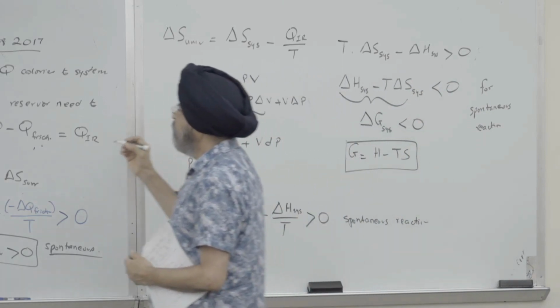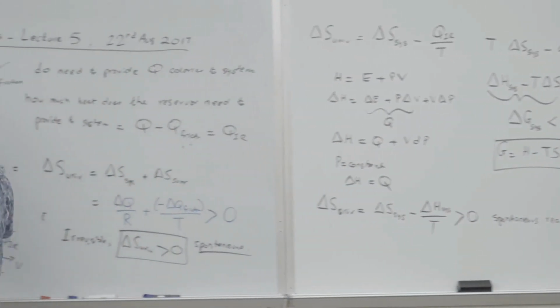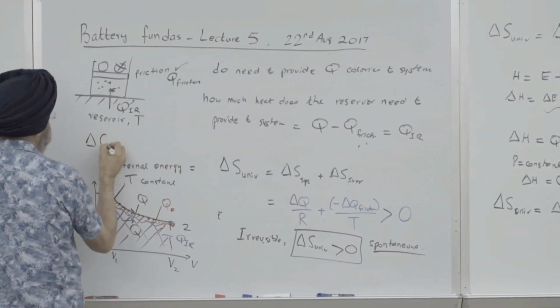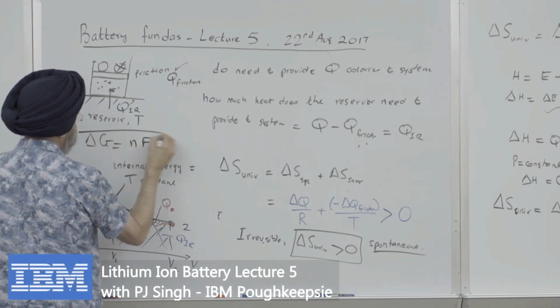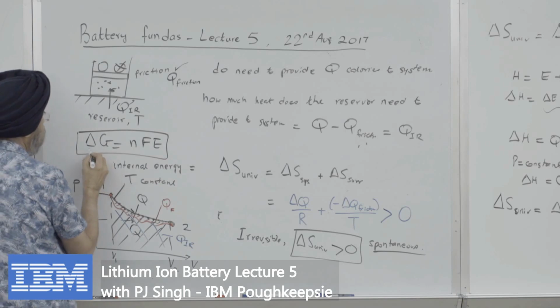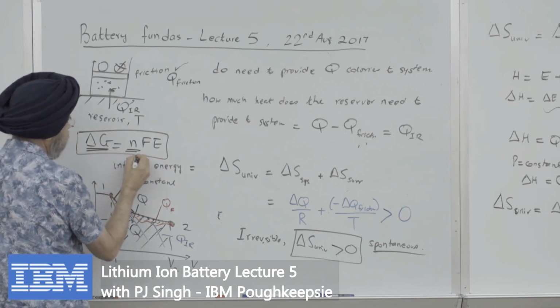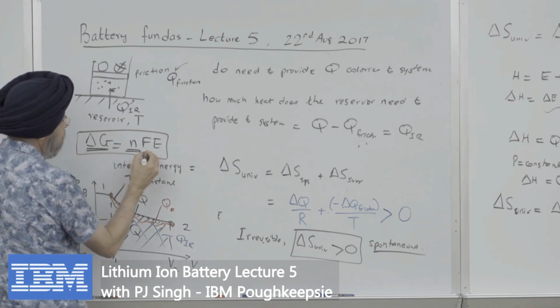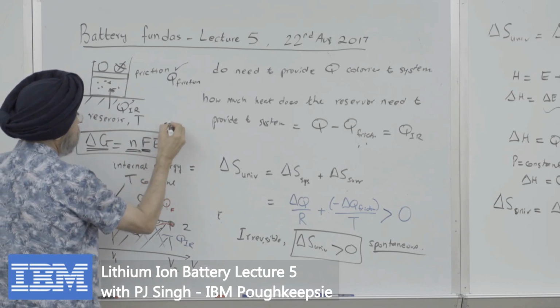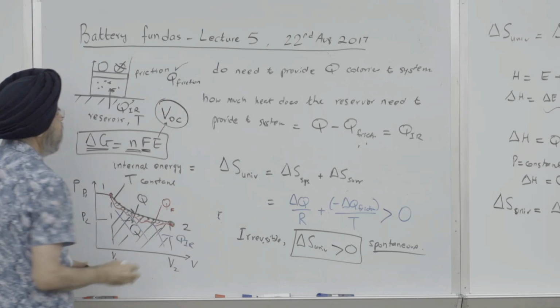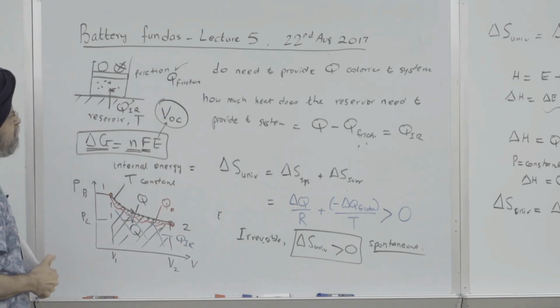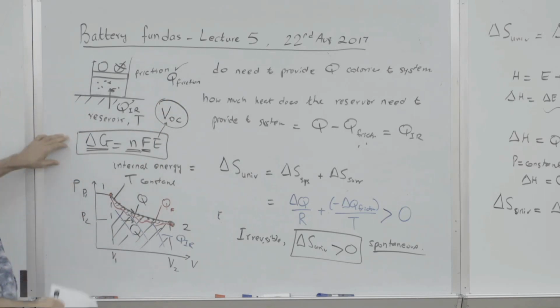We said that once you know delta G for the reaction, you can put it equal to nFE. So you know delta G, you know the number of electrons on that ion, you know Faraday's constant, so you can calculate the open circuit voltage for that reaction. So that's what we did today, and we understood what is delta G from fundamentals.